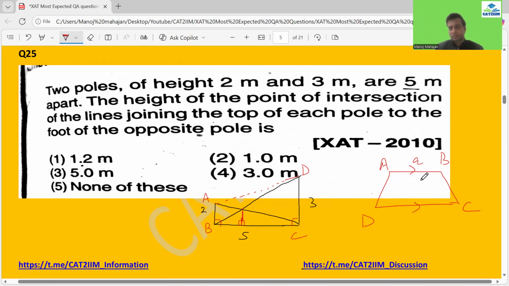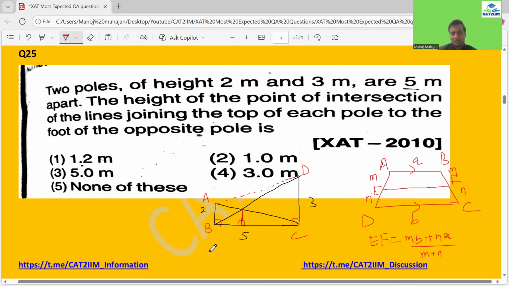Let's say this is side A, this is B. And you draw a line parallel to these two parallel lines. And let's say this ratio is M to N. So you should know this basic that the length EF is nothing but M into this side, that is B, plus N into A upon M plus N. So you should know a specific case also when E and F are the midpoints of the sides, which means M by N ratio is 1:1.